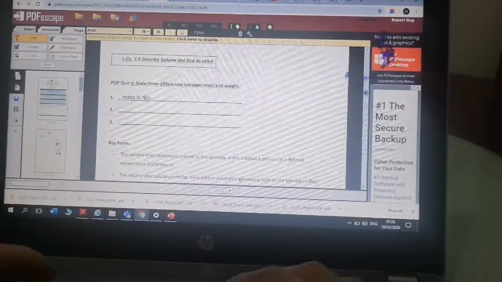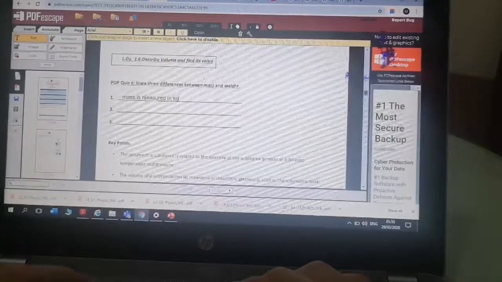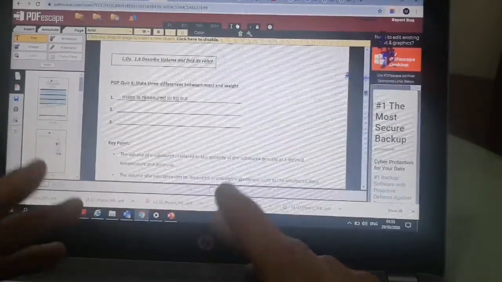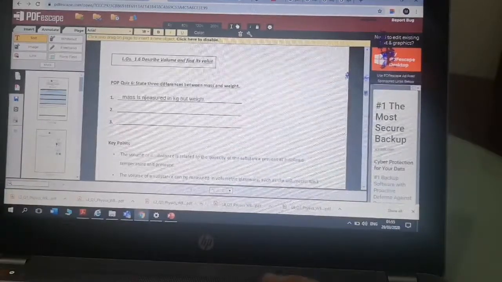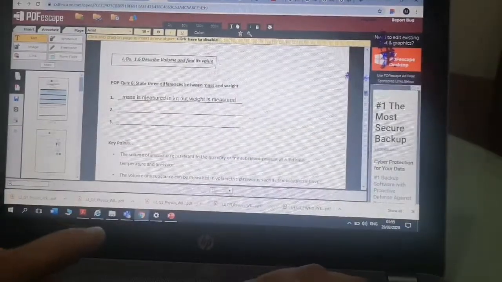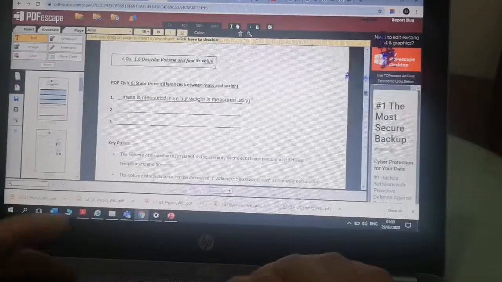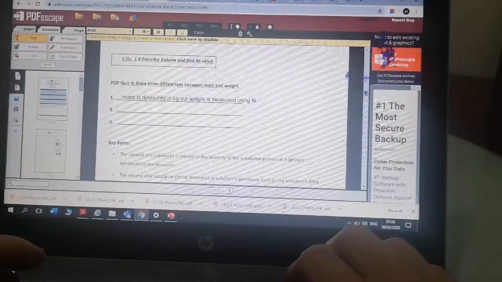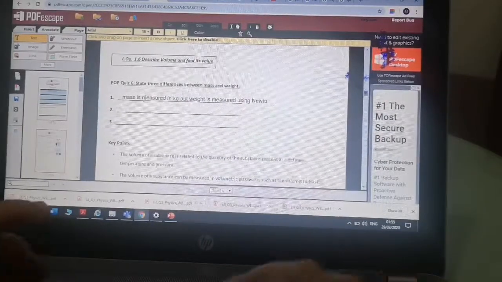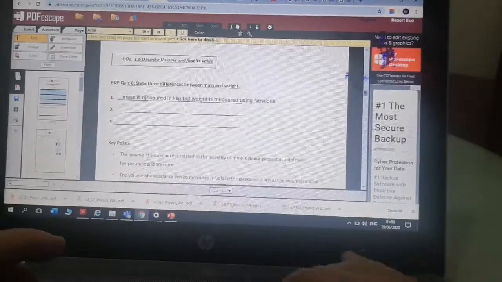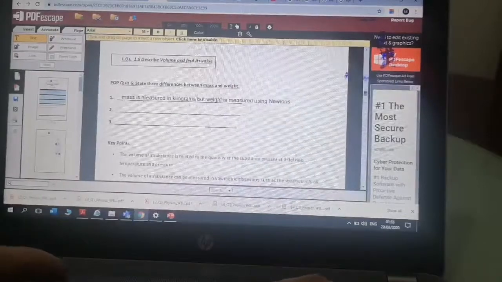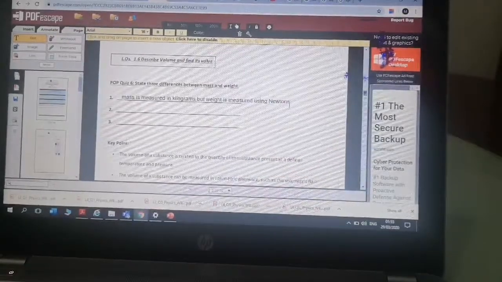Mass is measured in kilograms, but weight is measured using newtons.